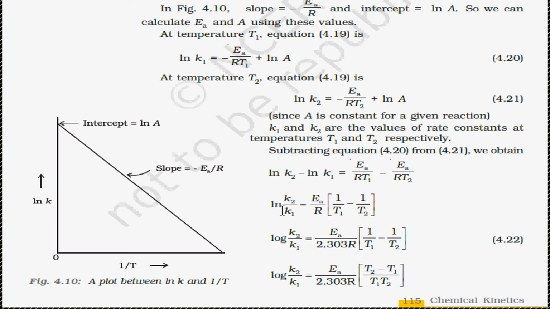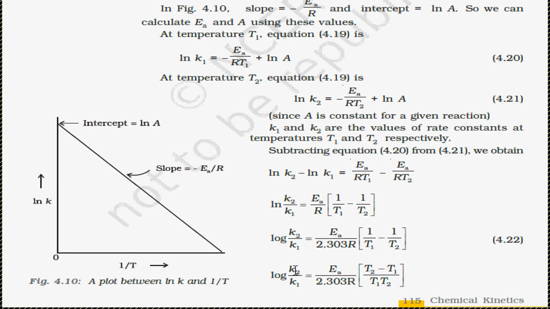Further, natural log is converted into log base 10 by multiplying with 2.303. So here we get log K2 upon K1 is equal to Ea upon 2.303 R into 1 upon T1 minus 1 upon T2.